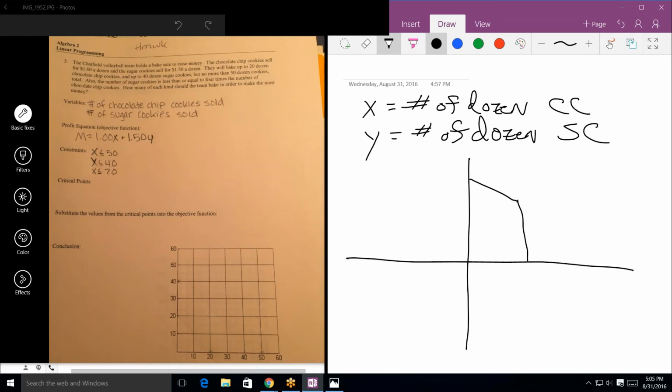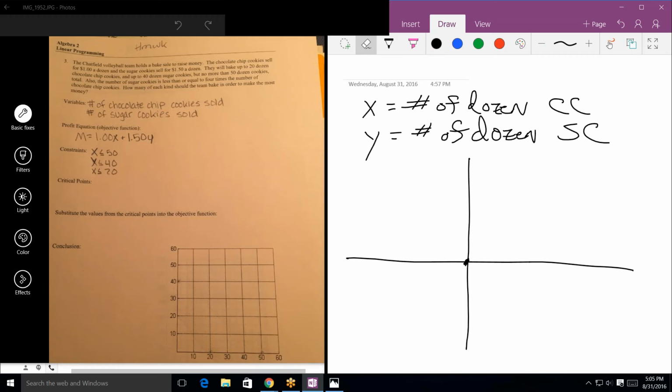What I'm going to do is examine all 4 points and plug in the X and Y values of those 4 points into my profit function and see which one gives me the greatest amount of profit. That's basically what you're doing with linear programming. Now, I didn't graph it properly because I didn't look at it, so we need to graph it properly.